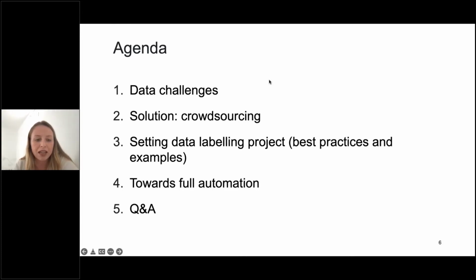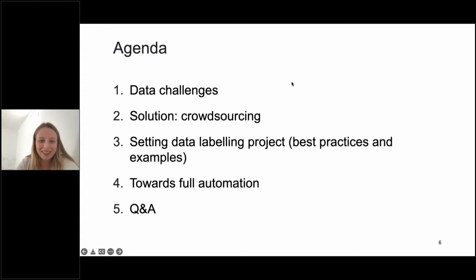Then I will give you some tips on how to set up a data labeling pipeline. I will give you some best practices and some examples. At the end, we will talk about the automation of the whole process. And as Irina mentioned, at the end, I will take time to answer some questions. So feel free to write in the question tab if you have any.